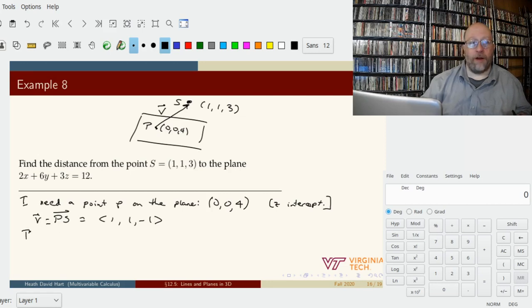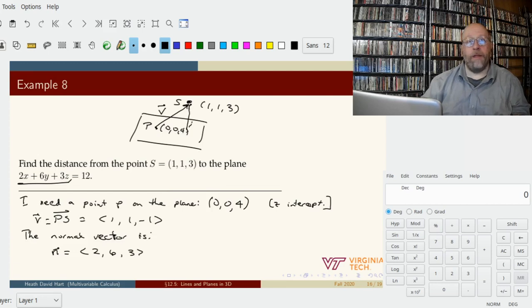The normal vector is this vector here. The normal vector is 2, 6, 3. And that's the vector that comes straight out of the plane in a perpendicular direction.